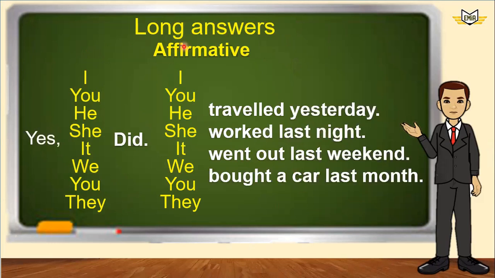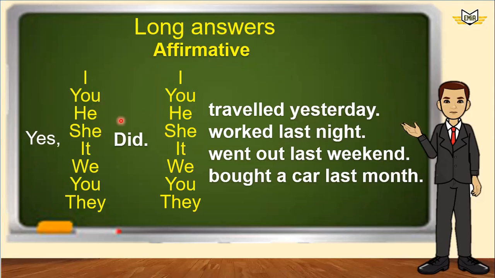You can also write long answers in affirmative form. Did you travel to the United States yesterday? Yes, I did. I traveled yesterday. So this is another possible answer that you can use. Long answers.